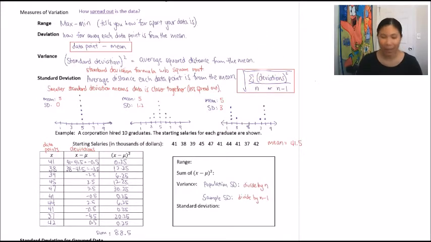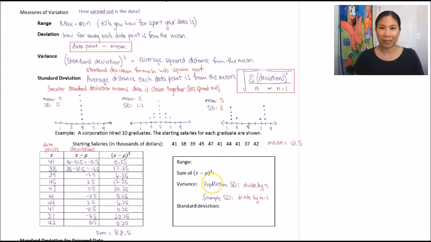Okay, so here's how we tell whether we divide by n or by n minus 1. With the variance and the standard deviation, there are actually two different formulas. That's why you either divide by n or divide by n minus 1. It depends on what kind of data set you're given. If your data set comes from a population, then you divide by n.